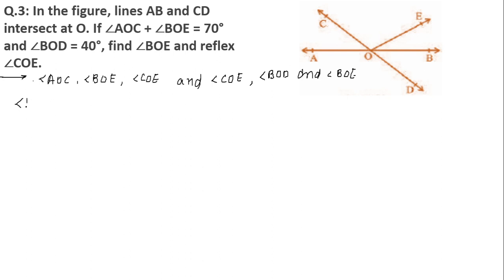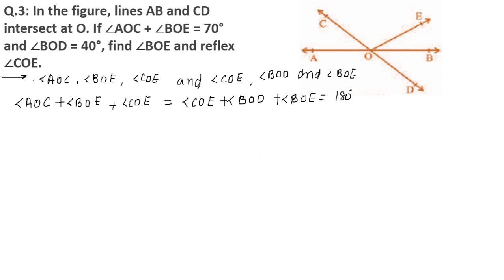Just now we have seen, so angle AOC plus angle BOE, okay, plus angle COE is equal to angle COE plus angle BOD plus angle BOE. Basically these are formed on a straight line, and we know that they form a linear pair, and the sum of all these angles is equal to 180 degrees.